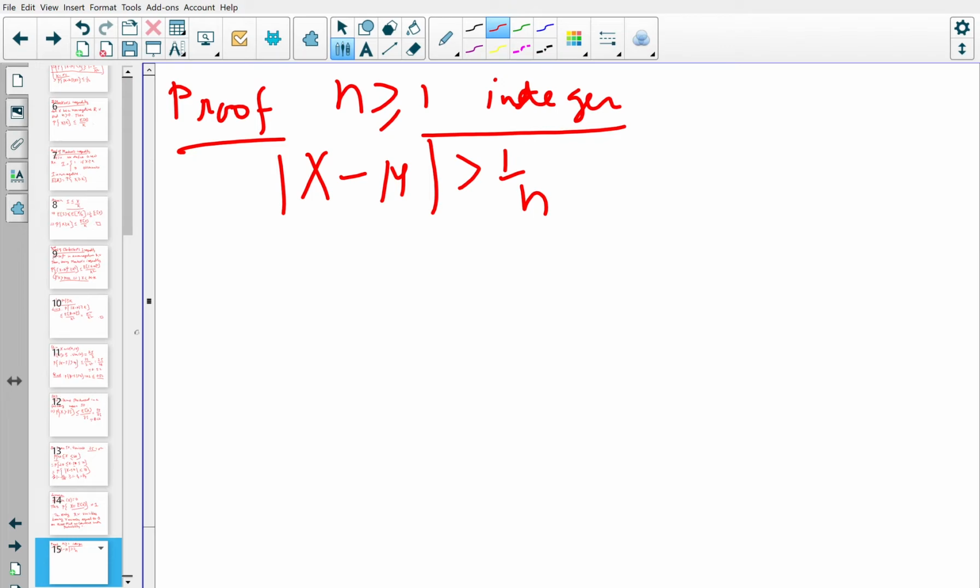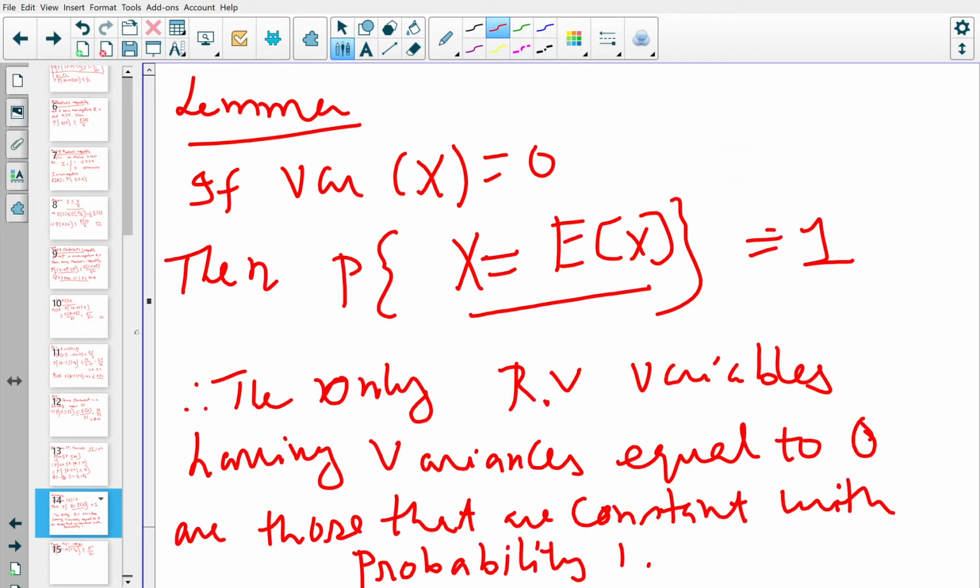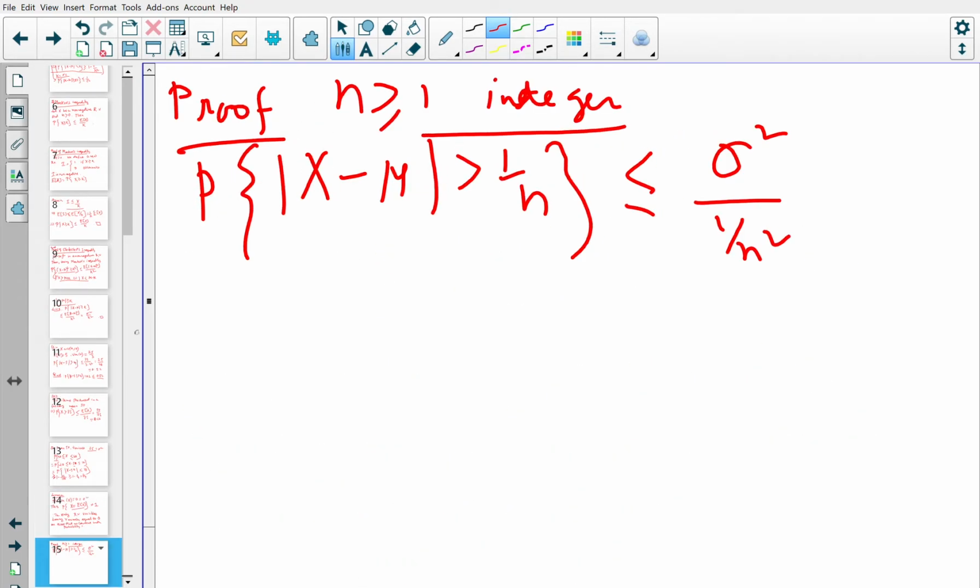Now Chebyshev tells you that the probability of this quantity is bounded by sigma square by k square, as you remember. But you know that the variance sigma square is 0 here, so this quantity is 0.